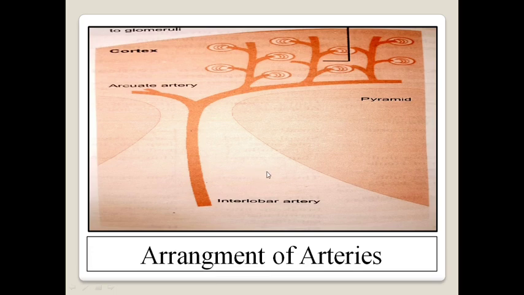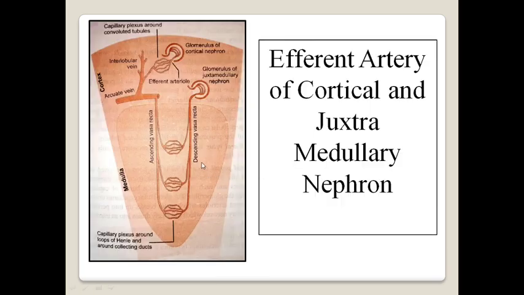So if you see the next slide, see here, this is the afferent arteriole that comes from the interlobular artery, that comes actually from the arcuate artery. So this afferent arteriole enters into the glomerulus, and after that it emerges as the efferent arteriole.